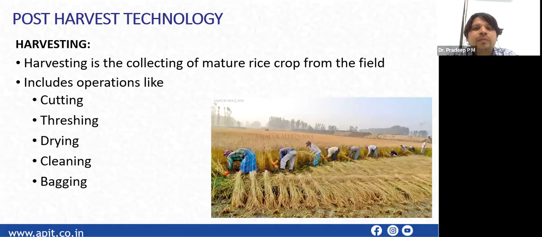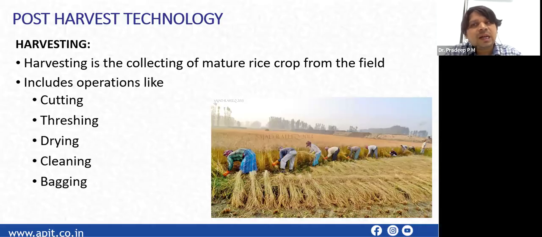You can go for manual harvesting or we can use machines. Nowadays we are using combined harvesters so that we can harvest maximum area, without the limitation of time or manpower.